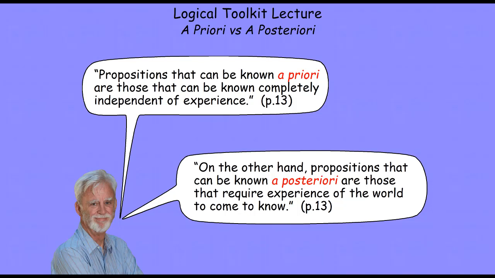Or chairs often have 4 legs. That is an a posteriori bit of knowledge. You don't know that just on the basis of the definition of a chair. You have to know that because you've seen a bunch of chairs and you've noticed that a lot of them have 4 legs.